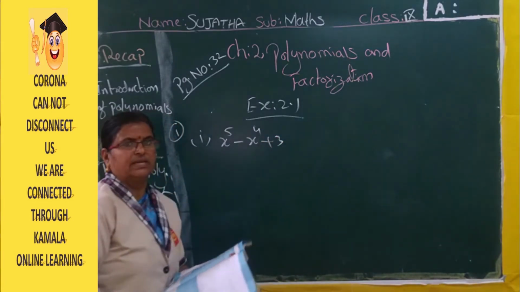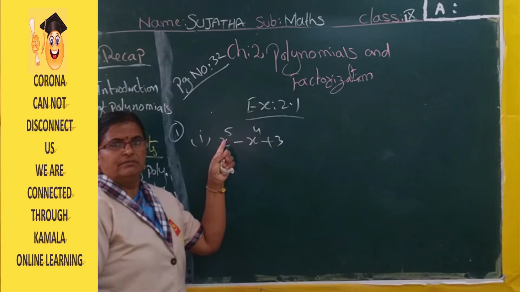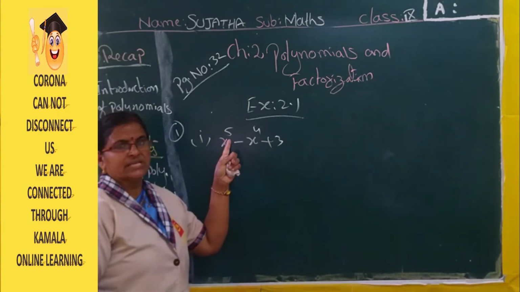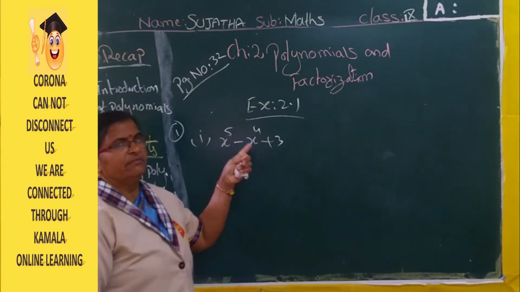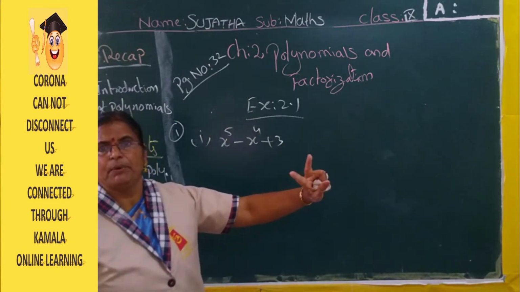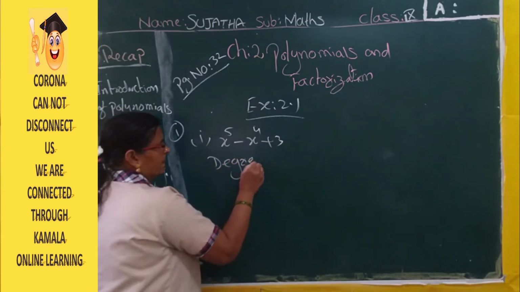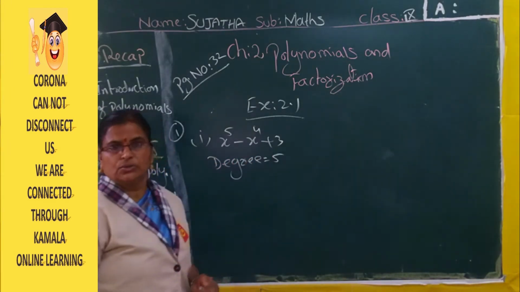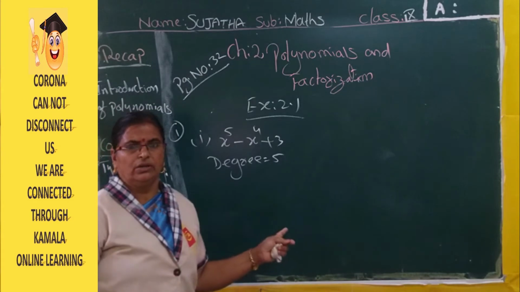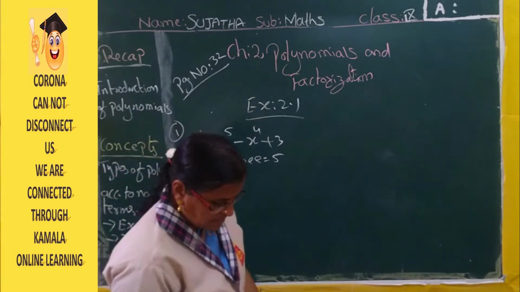What is the degree of this polynomial, 4 or 5? I said the highest power, no? In that polynomial, the term having the highest power gives the degree. So the degree is equal to 5. Like this you have to write. First note down in your textbook with pencil, afterwards copy in the classwork.